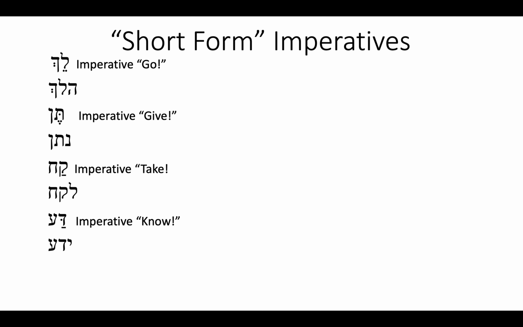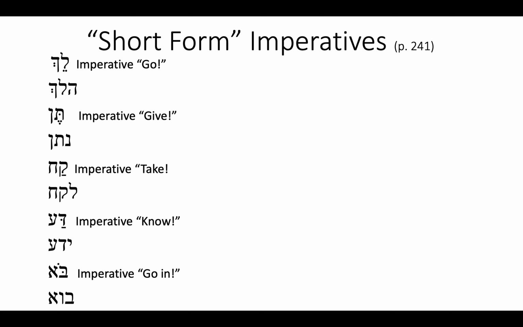For yada, we just have da, know, like know that I am God. And for beit vav aleph, we have bo, go in. And again, I think these are intuitive, but maybe a little unfortunate in their form, because weak letters have dropped out and you end up with this very short little word that's maybe hard to differentiate.